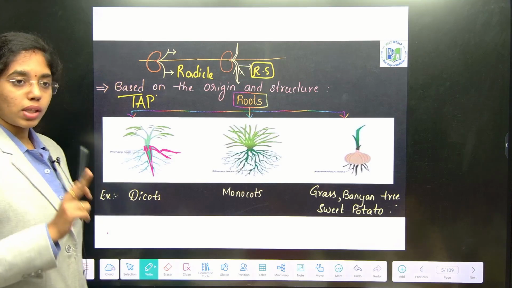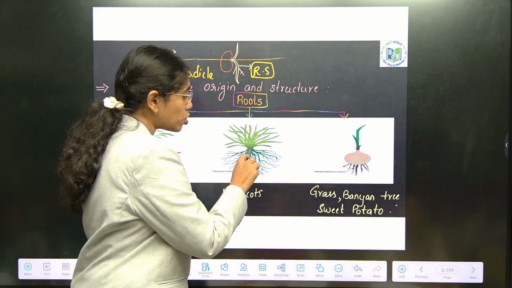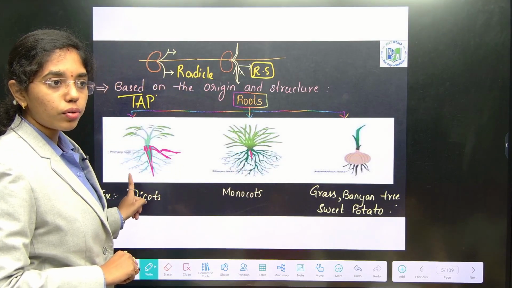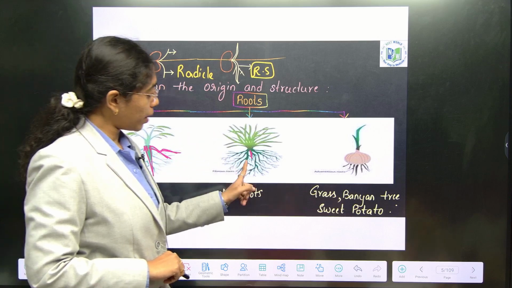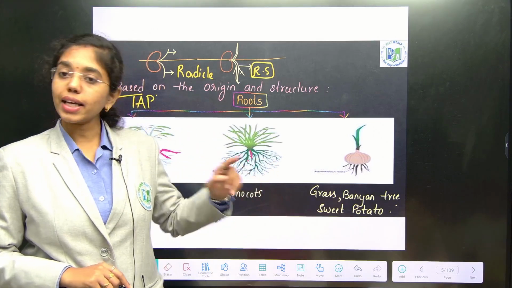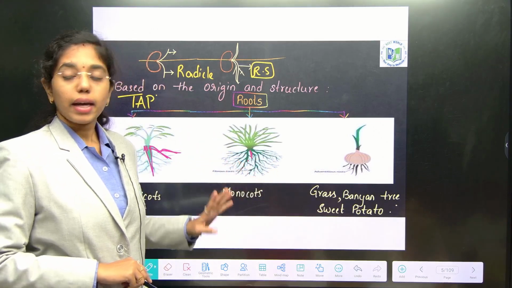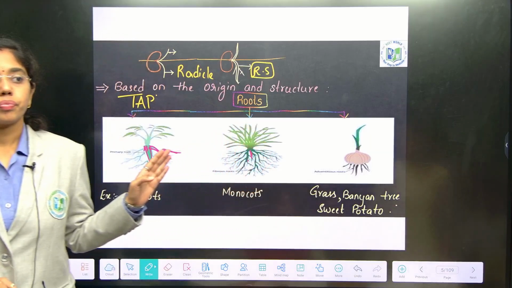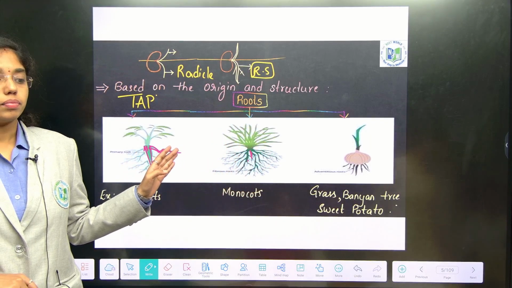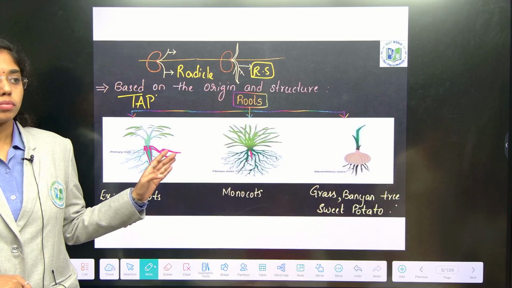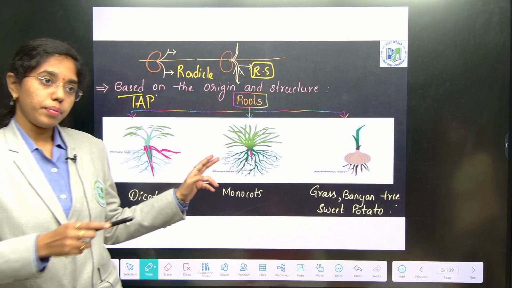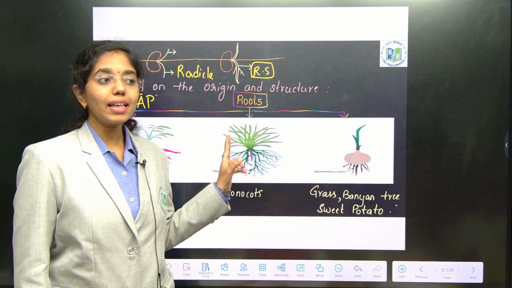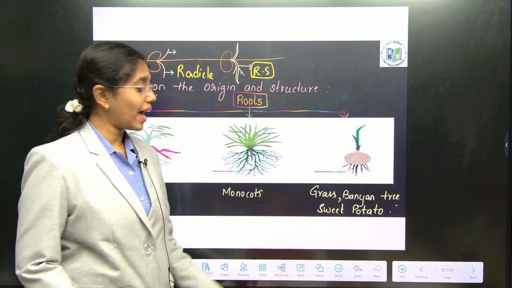Next, there is one statement. Radical is short-lived. Here in taproot system, radical itself is growing to the main root. But in fibrous root system, what happens is radical is short-lived. Okay, listen here. Radical is short-lived and all the other bunch of roots will arise where?